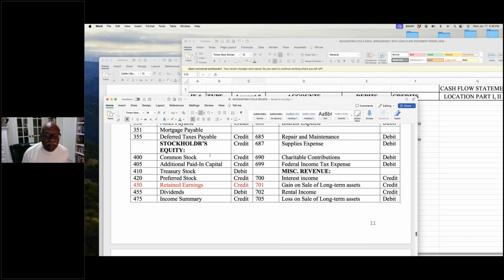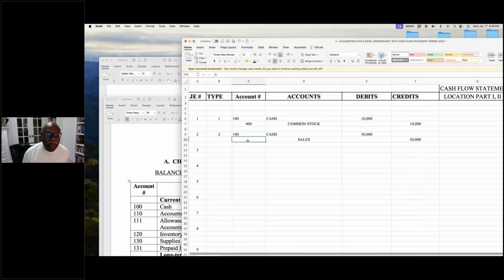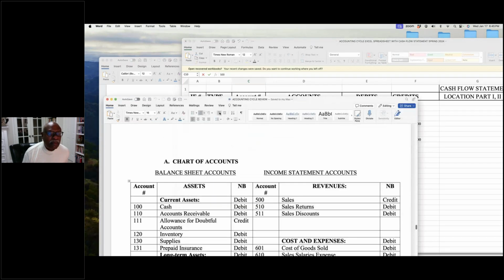Sales, 500. So let's look at what we do. We read the transaction. Cash is coming in.